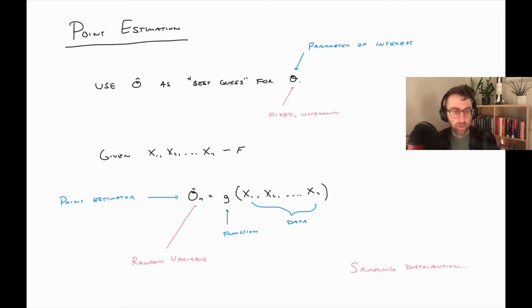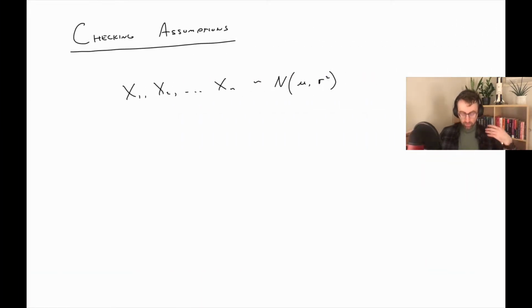Okay. So right off the bat, I want to talk about this notion of assumptions, because that is the biggest difference between what we're doing now and what we did previously. When we were using the empirical distribution, we weren't really making any assumptions. But now, this part of the statement here is a bunch of assumptions.